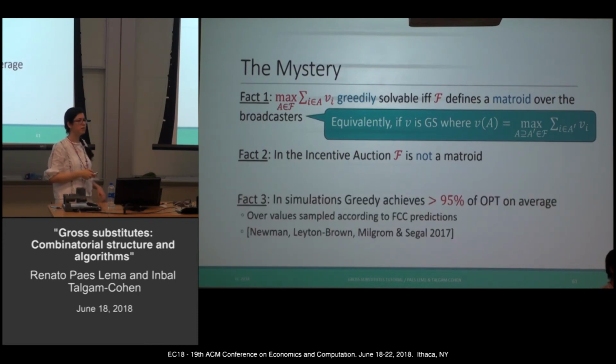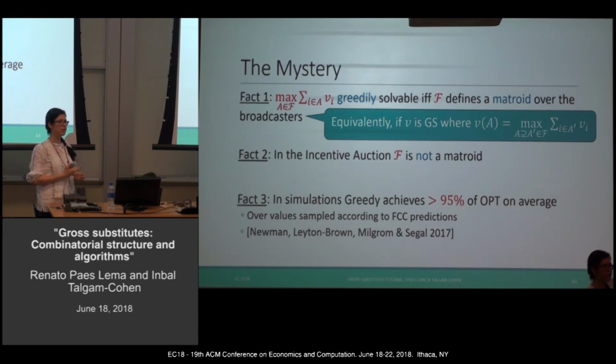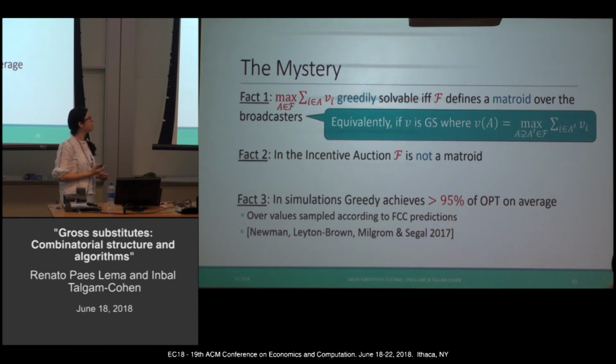Second fact: this feasibility set in the actual auction is not a matroid. And third fact: a team led by Kevin Leyton-Brown and his collaborators worked on this and actually designed what happened in the incentive auction. They ran some simulations, and when they sampled values according to FCC predictions, it turned out that if you maximize greedily, so you greedily choose who stays on the air and who goes off the air, this achieves 95% of OPT on average.